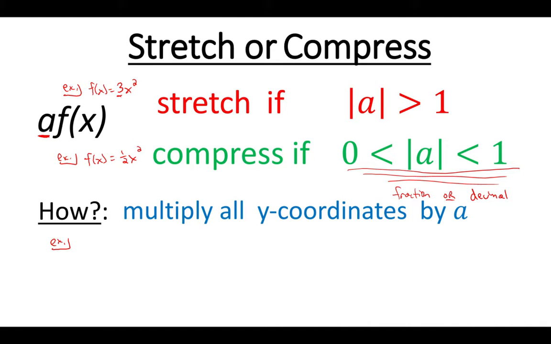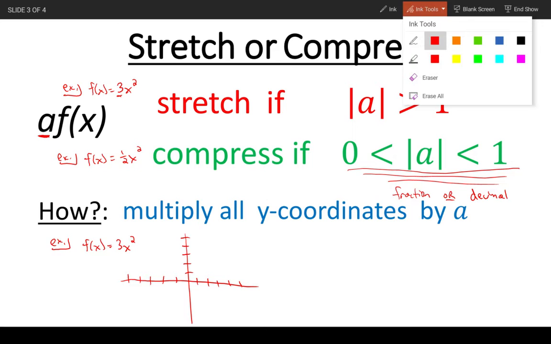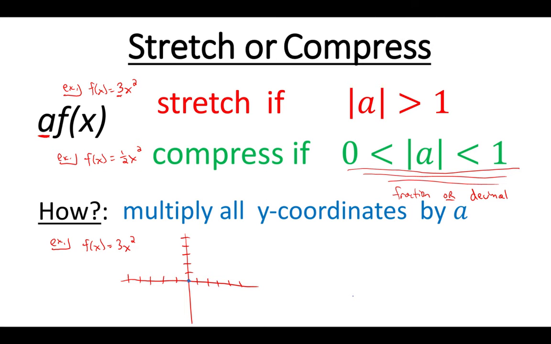Let's take that first example of f of x equals 3x squared. So the parent function of this graph is just x squared, right? So if I were to just plot that real quick, my function would have points at 0, 0, 1, 1, negative 1, 1.